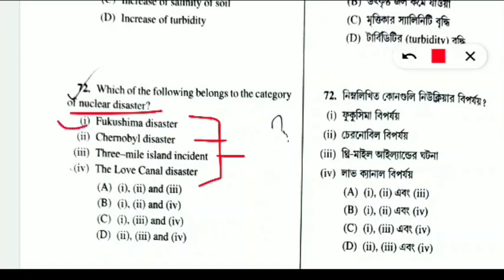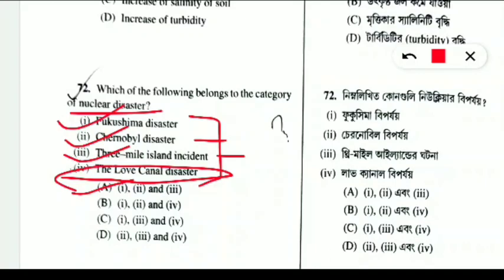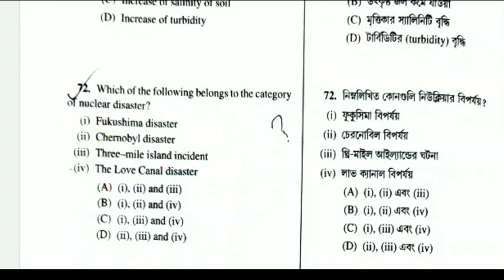That means Fukushima disaster, Chernobyl disaster and Three Mile Island incident. Option A will be correct. But the Love Canal disaster, which took place in New York, is not a nuclear disaster. It was chemical dumping which resulted in groundwater pollution, which was called the Love Canal disaster. Let's move on to the next question.